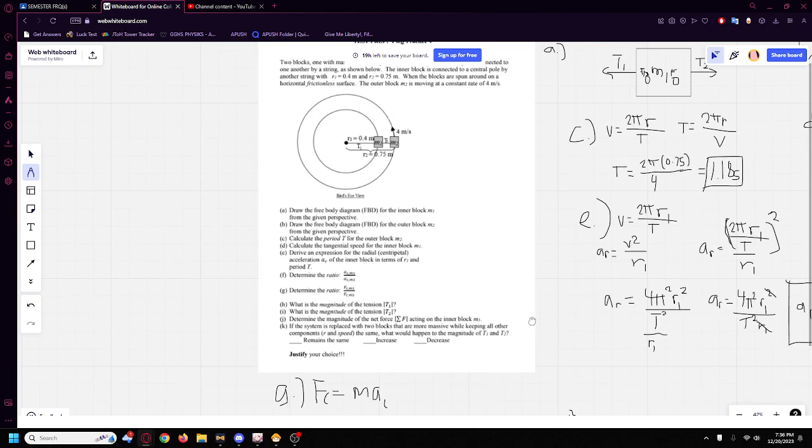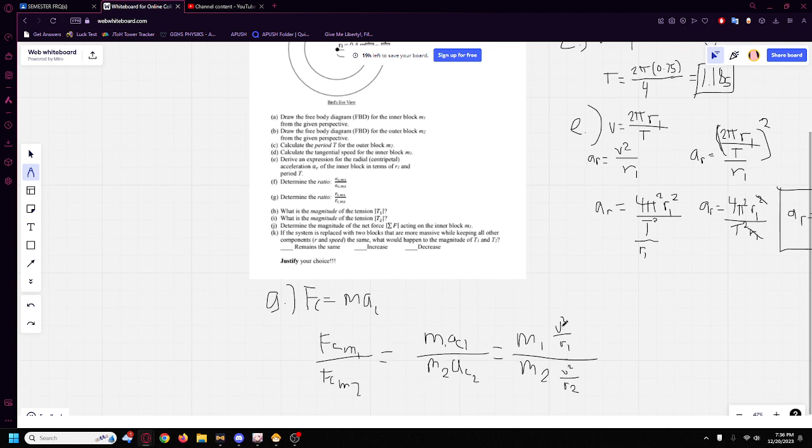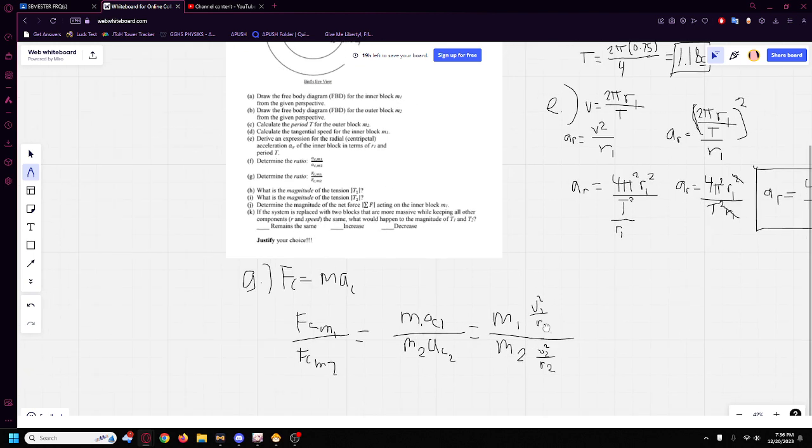The velocity for each block is different, so this will be V1 squared. This will be V2 squared.